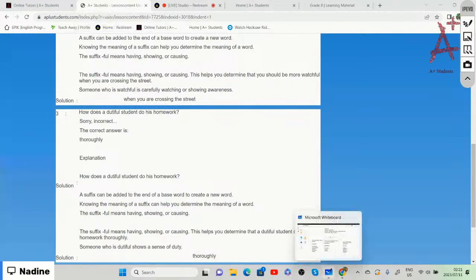Meaning it is your duty to complete the work, it is your duty to catch up, it's your duty to see that your homework is complete, it's your duty to see that the projects are done, right? So it means that you are showing a sense of duty. So, how does a dutiful student do his homework, right? This helps you determine that a dutiful student does his homework thoroughly.